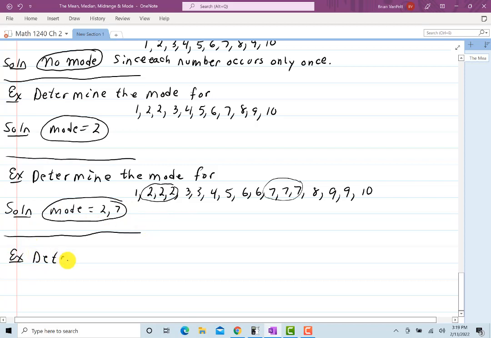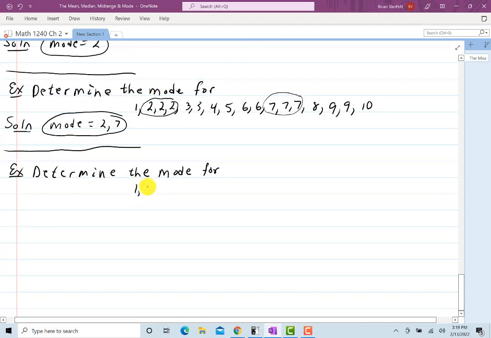Determine the mode for 1, 2, 2, 3, 3, 3, 4, 4, 4, 4, and this pattern continues all the way until we get to 10 tens.